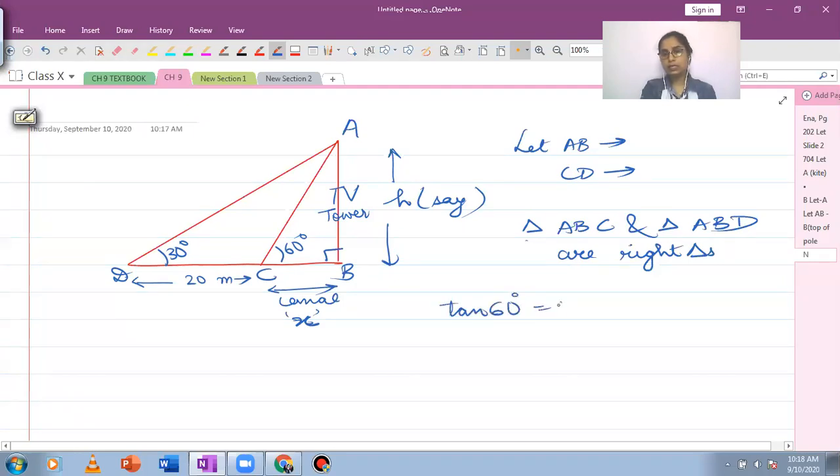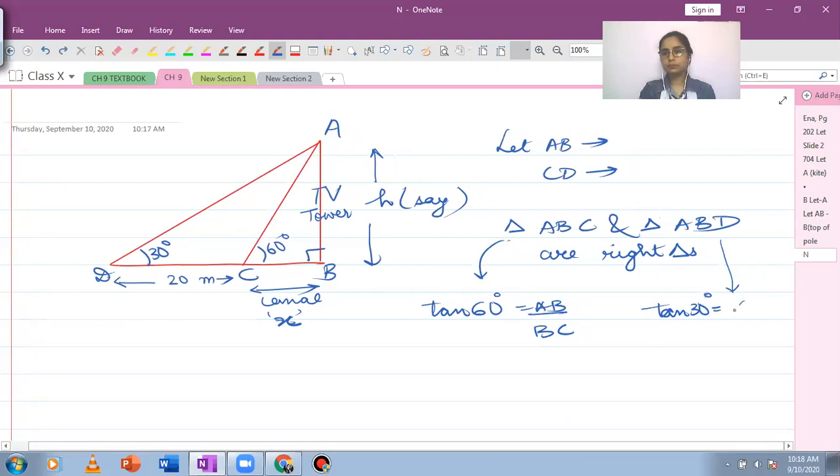Tan 60 is equal to AB upon BC, whereas in this triangle, so this is the larger one, tan 30 again will be AB upon BD. Root 3 equals h upon x. This is 1 by root 3 equals h upon x plus 20.